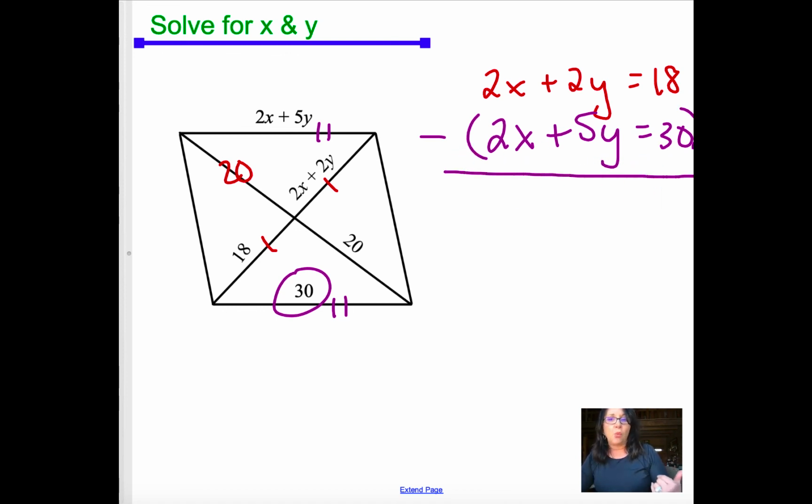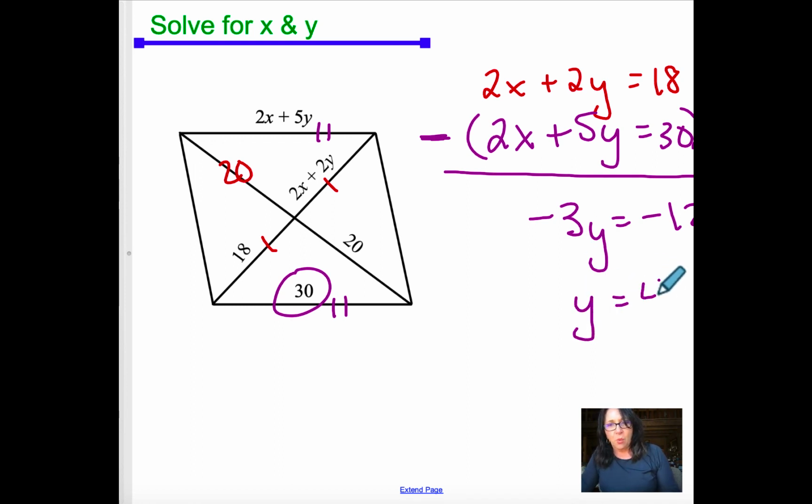I'm eliminating one of my variables. 2x minus 2x is 0. 2y minus 5y is negative 3y. And then 18 minus 30 is negative 12. And one thing that you should remember is that, see this negative sign out here? That actually is subtracting each one of the quantities in the parentheses. So definitely be careful with that.